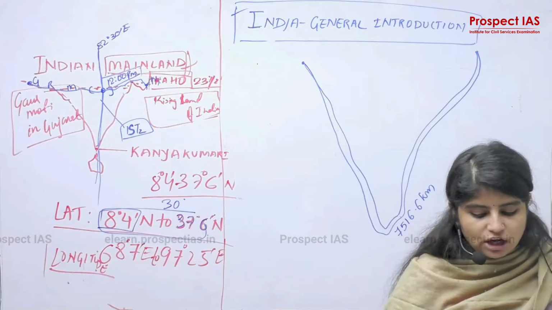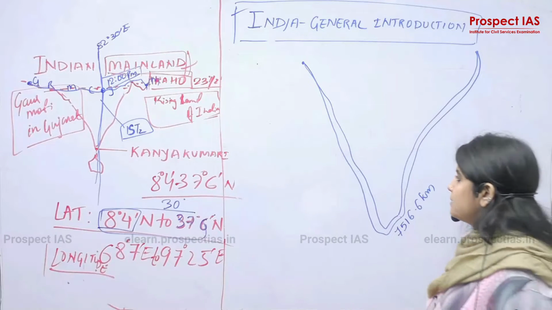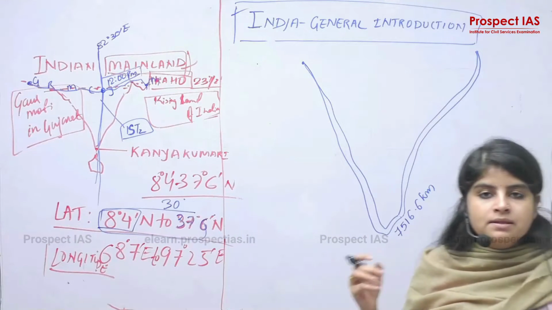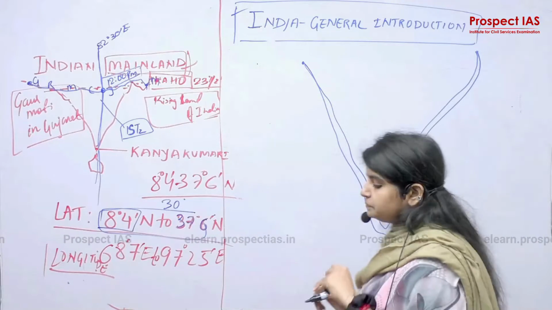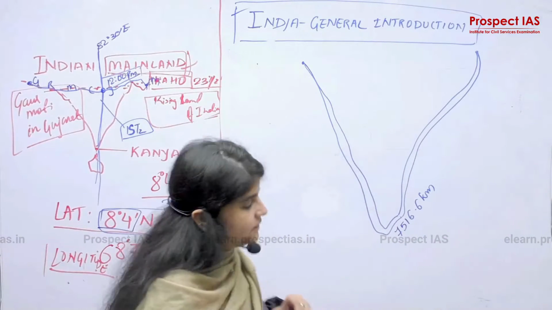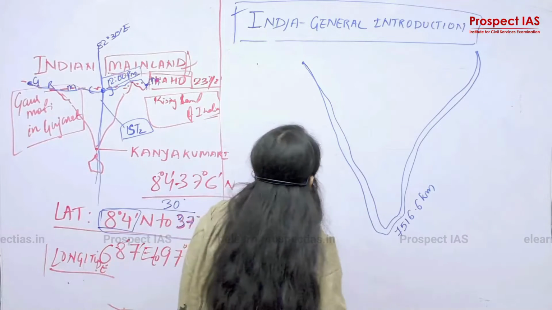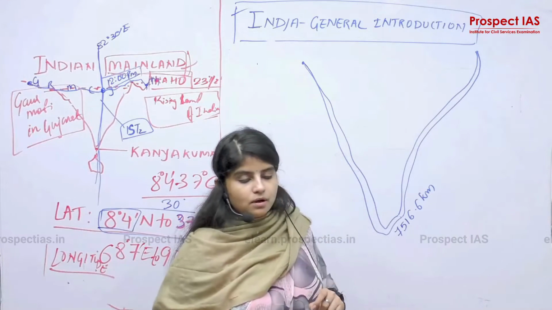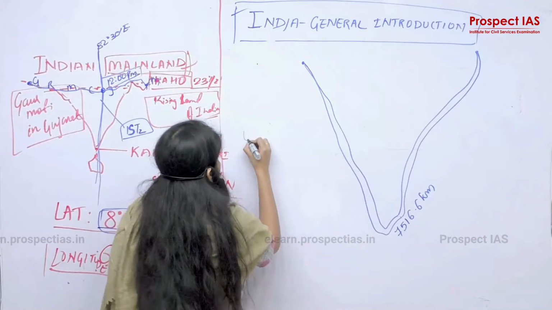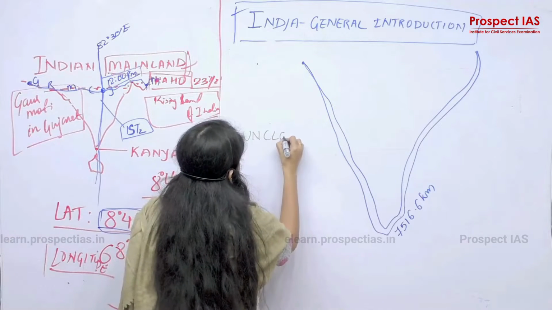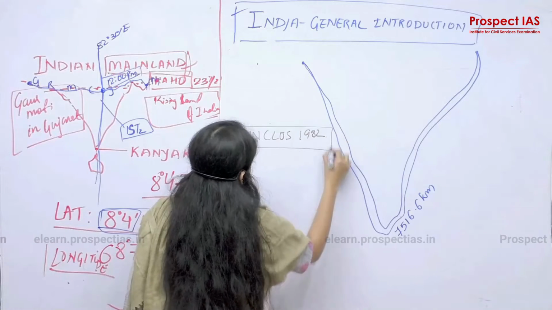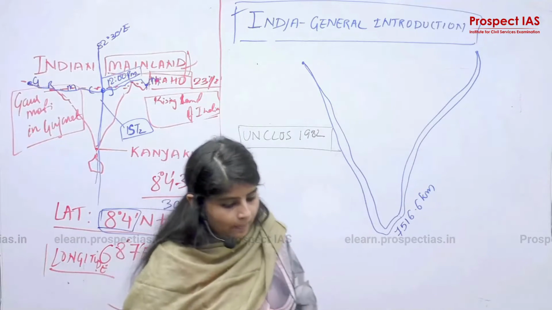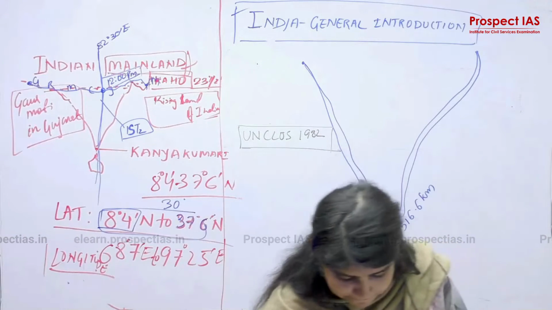There is one conventional institution internationally, that is UNCLOS, the United Nations Convention on the Law of the Sea, 1982. First understand, then we will write in sentences.